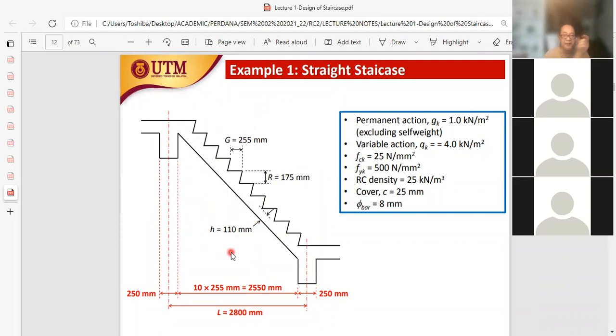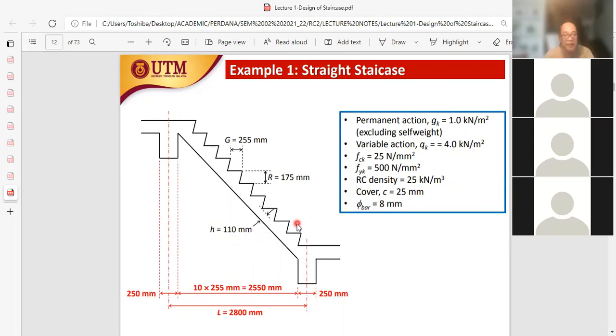Okay? And you will find out that in the deflection check, it is clearly a more practical solution, because we have an allowable and an actual L over D clearly berbeza, distinctly different. Nampak jelas the L over D actual is much less than the allowable by using 125.